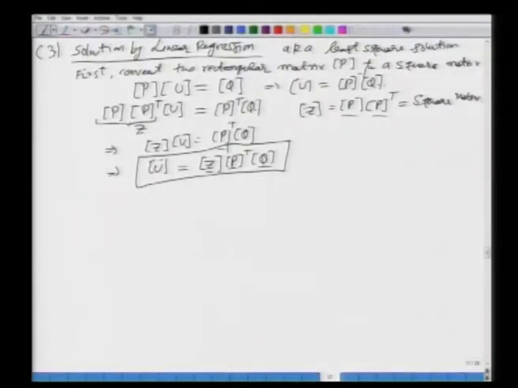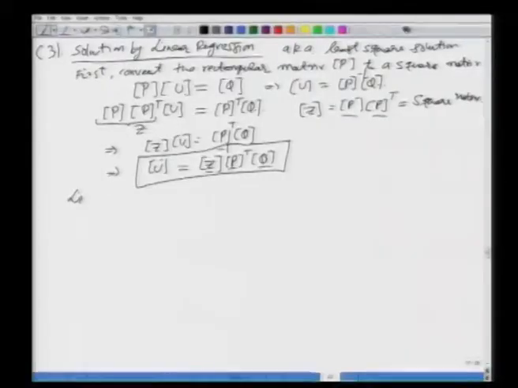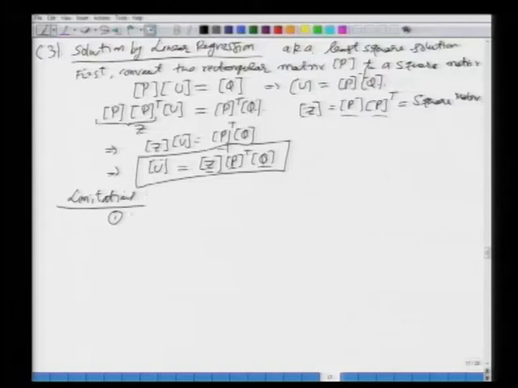Now, this method also has certain limitations. This method of least squares or linear regression, whatever we have looked at, what are the limitations? There may be, number one, problems in matrix inversion itself.